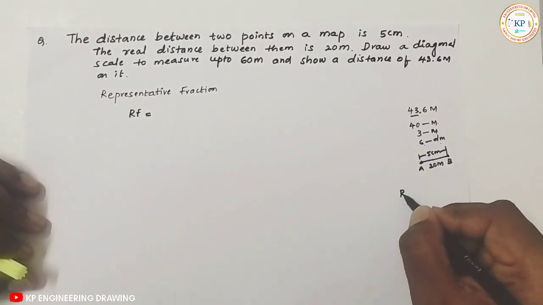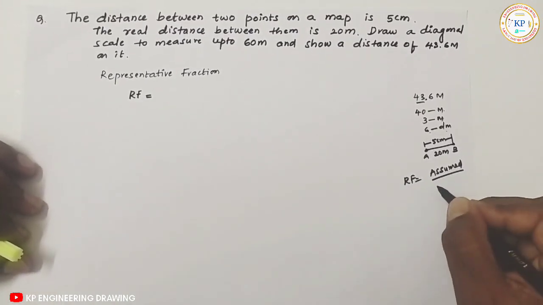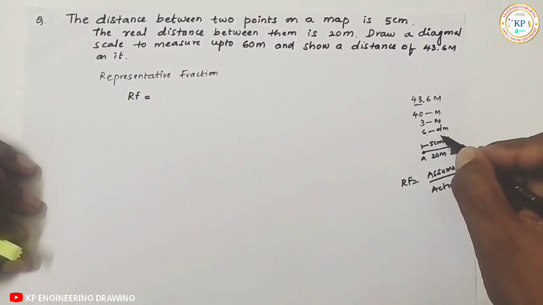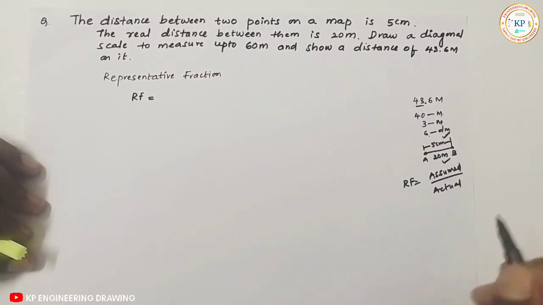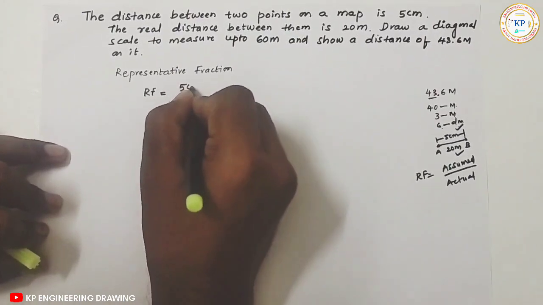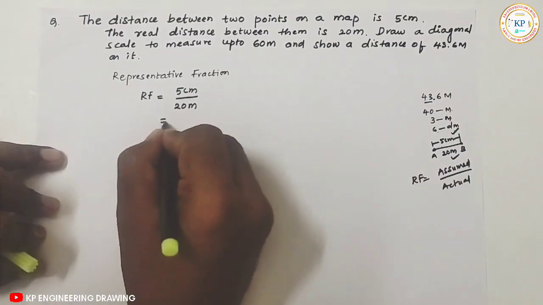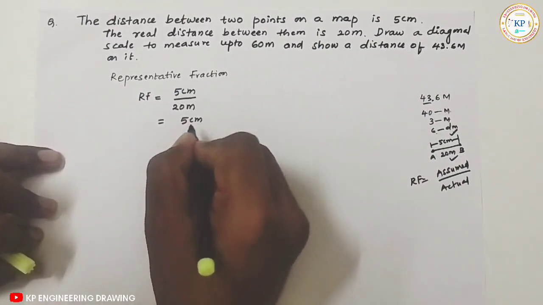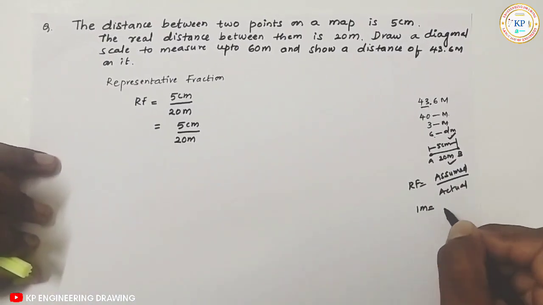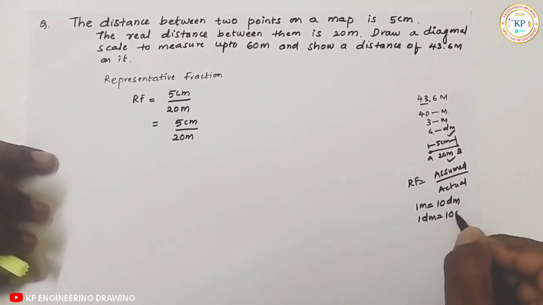As we know, RF is equal to assumed distance divided by actual distance, or assumed length by actual length. Assumed is 5 centimeters and actual is 20 meters. So RF can be written as 5 centimeters divided by 20 meters. 1 meter is equal to 10 decimeters, and 1 decimeter is equal to 10 centimeters.